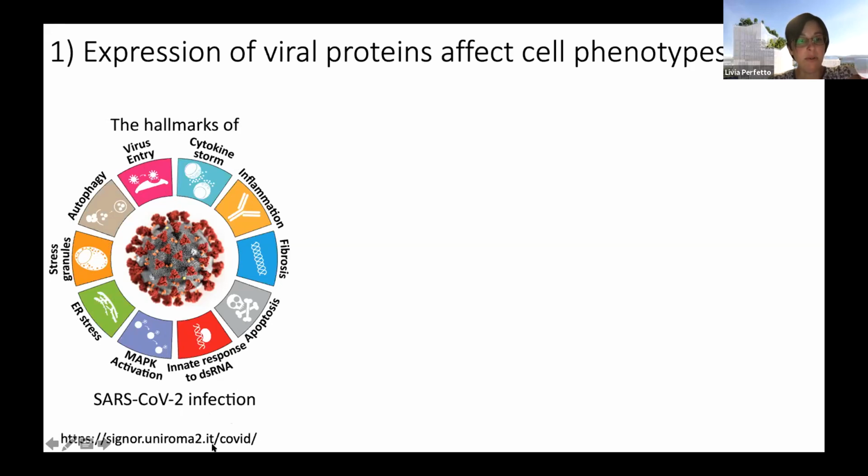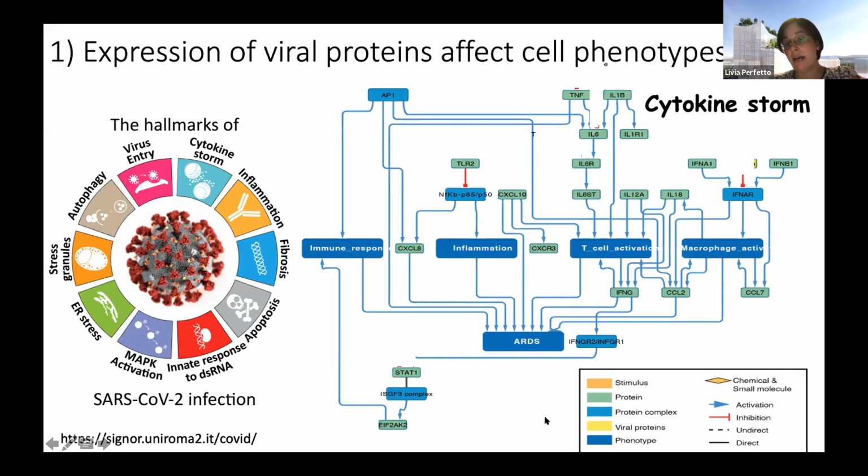Everything is available on a dedicated page on our website, signor.uniroma2.it/COVID. Every box here is a link to a map. Every map is available as a Cytoscape map and in our graph viewer, and is freely available for download.